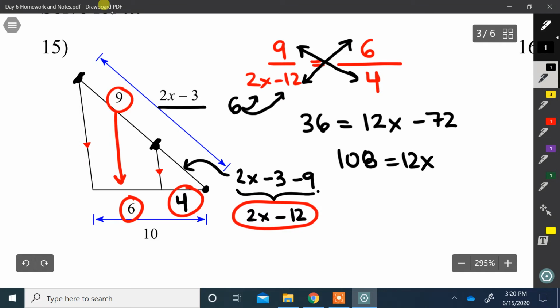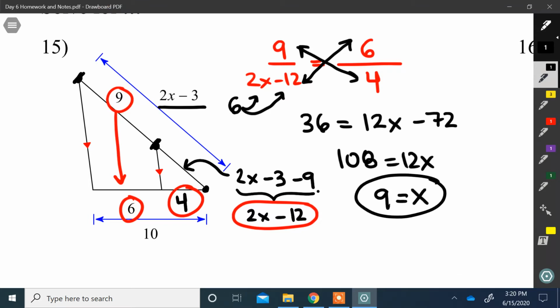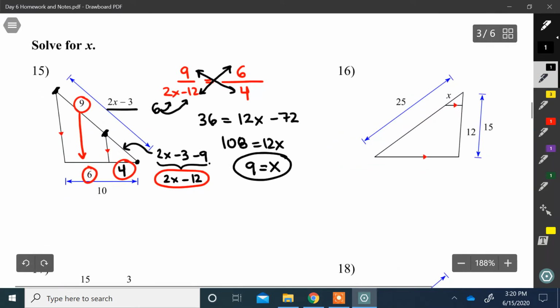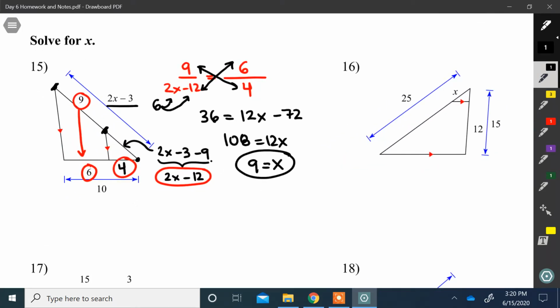It's equal to 12x. Divide by 12, you get x is equal to 9. Let's verify that. Yeah, that's correct. Let's do number 17. Again, you are doing the even problems.